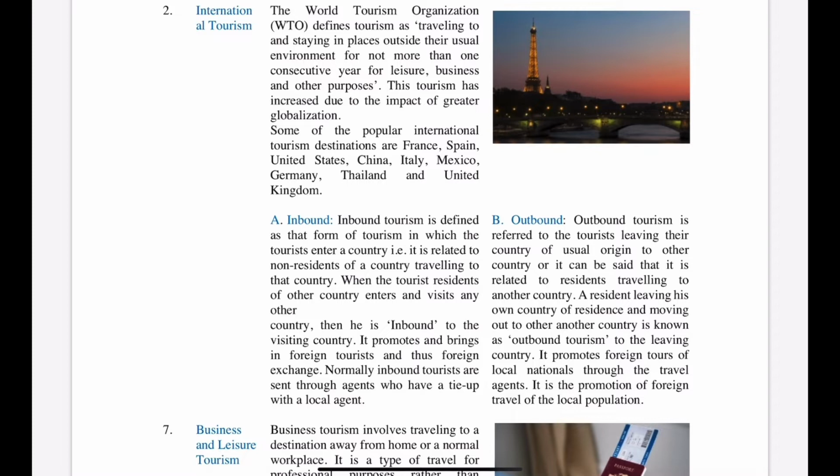Now international tourism can also be divided into two types. One is inbound tourism and one is outbound tourism. Remember, international tourism is basically the movement of one person from one country, say Canada, he is a resident of Canada, and that person is coming to India.